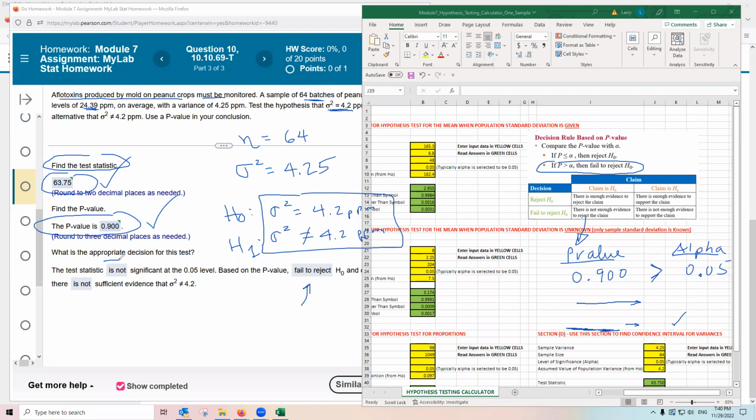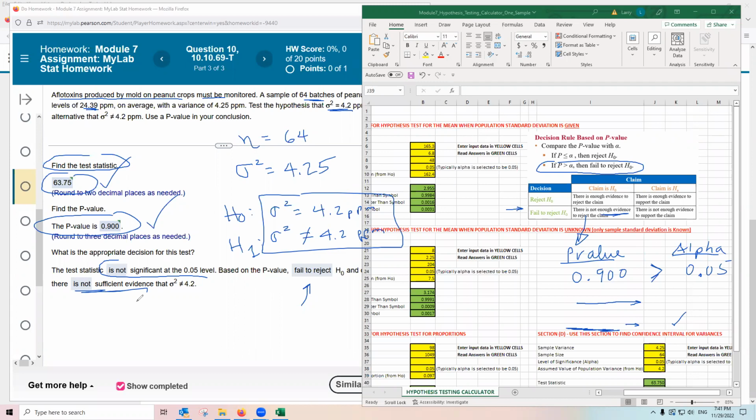We say the test statistic is not significant at the 0.05 level. It means the p-value is much bigger than 0.05. If the p-value is less than 0.05, we'd be saying the test statistic is significant. And because we failed to reject the null, we're going to say there's not enough evidence.